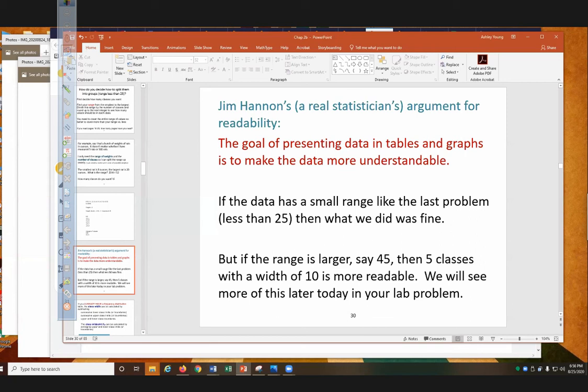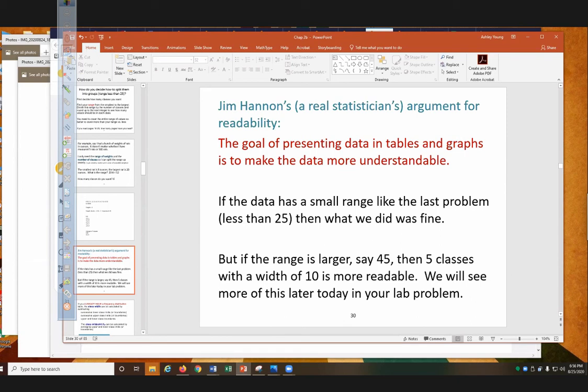But at any rate, his point was the whole idea of tables is to make your data more understandable. Your point is to sell something to somebody else or convince them of something, so you want them to be able to understand the point you're trying to make. So what he says is that you're usually going to have class widths of 10 when possible, because those are really easy to read, like 10 to 19, 20 to 29, 30 to 39, 40 to 49, right?